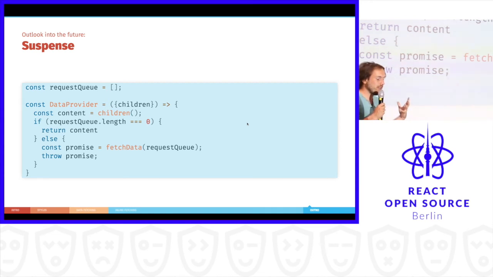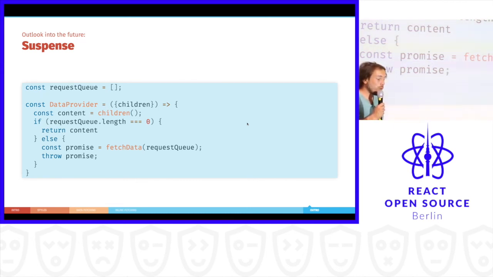If our request queue is empty, we know all the data we require is there, and we can render the content. If it's not there, we can fetch the data, create a promise, and throw that promise, which is, as far as I'm aware, the signal for Suspense to interrupt the current render method and wait until the promise has been resolved.